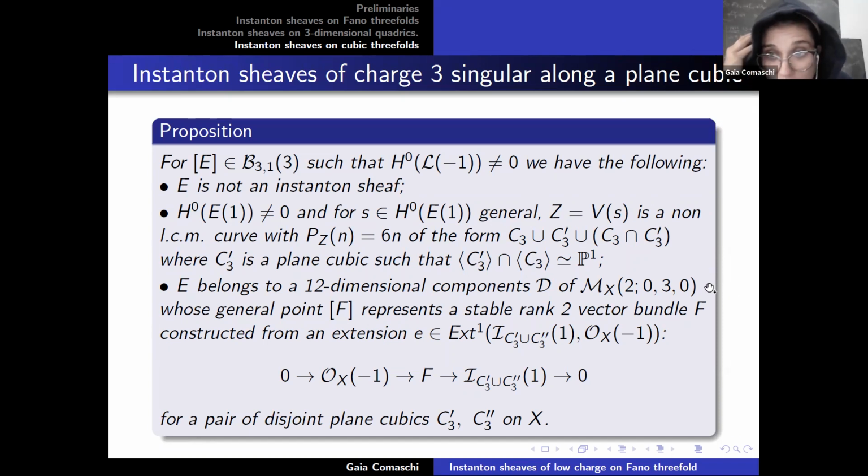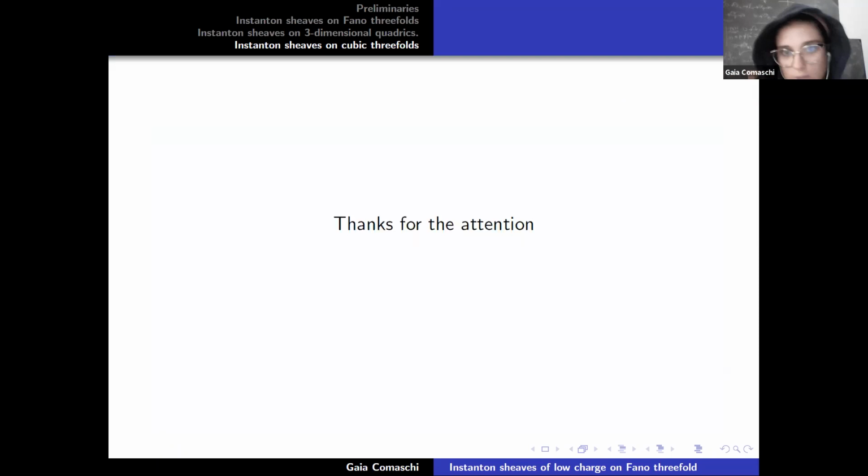So in this way, we have found a second component whose general point is still a vector bundle, but not an instanton. Okay, that's all.